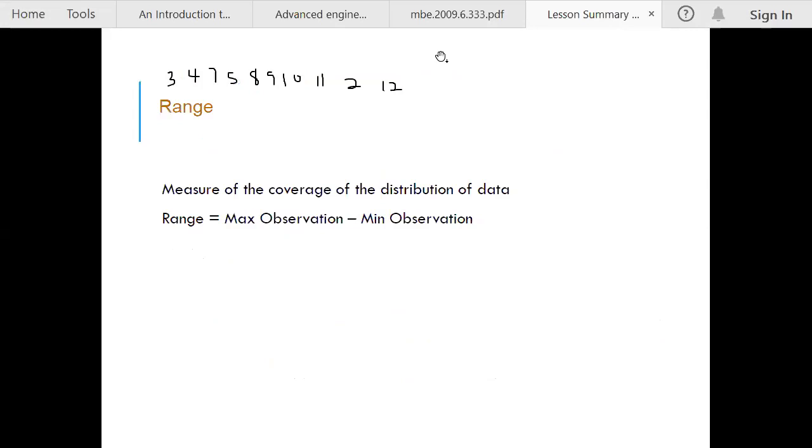Good. Let me use a fresh page. I'm sure you can see my screen displaying a whiteboard.